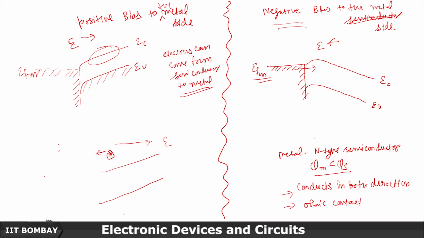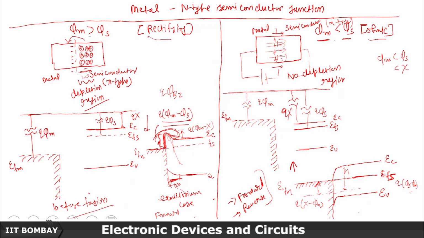This is an ohmic contact. Okay, so that's basically an example, and you can see depending on the material properties how the characteristics will differ. It can form an ohmic contact or a rectifying contact depending on the difference between phi m and phi s. I hope you could understand a bit of that.